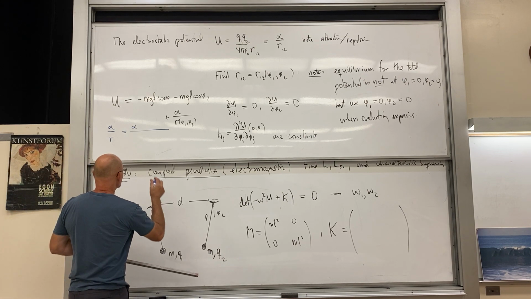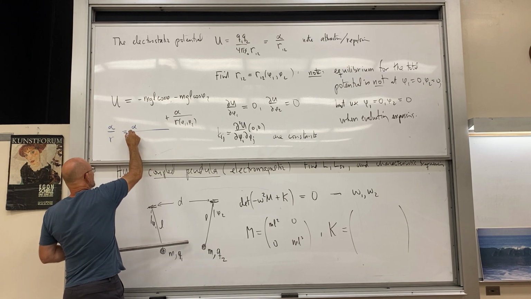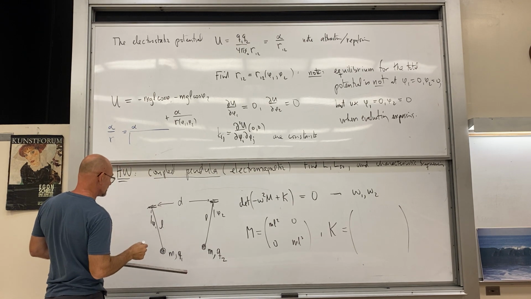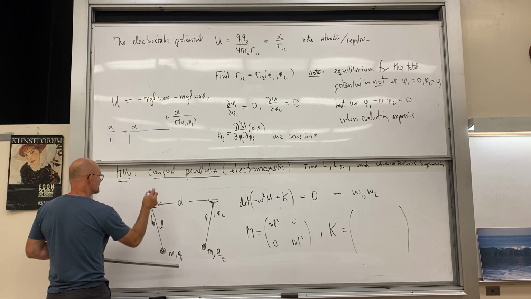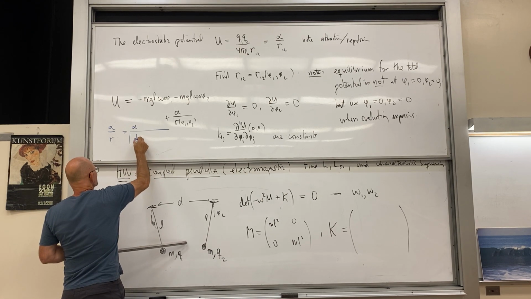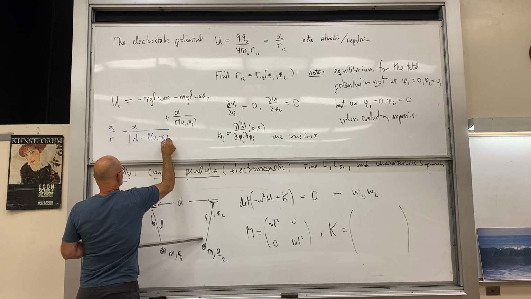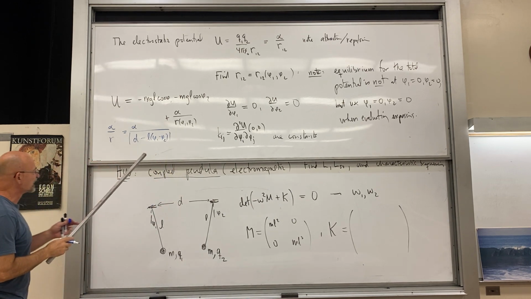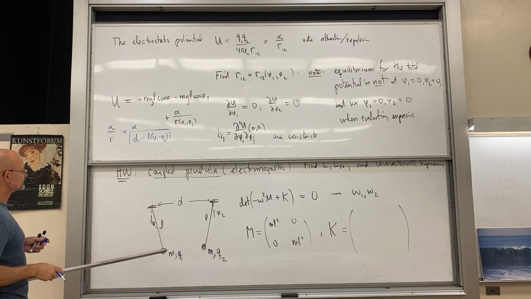So you're looking at something like the separation distance, magnitude of, it's just D minus L phi1 minus phi2. This is what your complicated expression would simplify to as the angles get small.